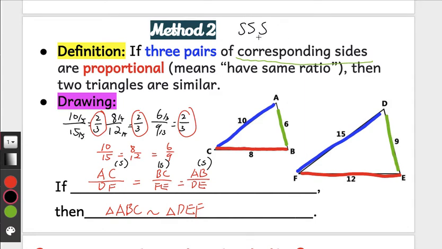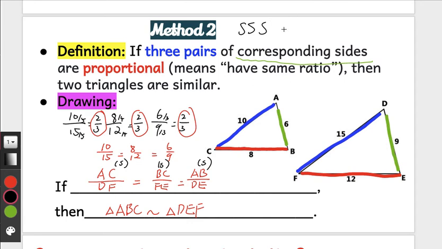Some students notice it's actually very similar to the one we used to prove triangles congruent. But please pay attention. Triangles congruent means all 3 pairs of corresponding sides are congruent. But here, in similarity, we are saying 3 pairs of sides are proportional, so very different.